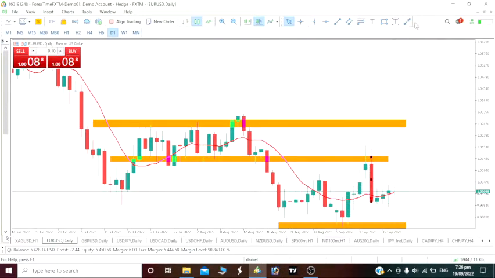Now we are having a pullback on the drop. After this pullback, we are expecting a drop again, because this is a bearish move, a drop, a pullback which gave us a bullish move, and now we are having a bearish move which will give us a drop. So possibly tomorrow we should be closing bearish.